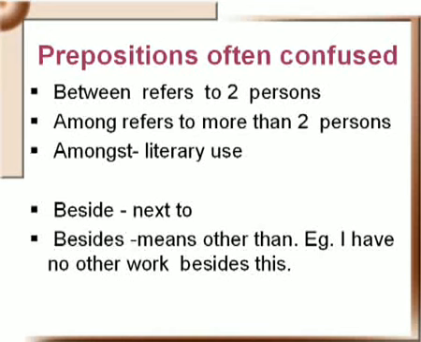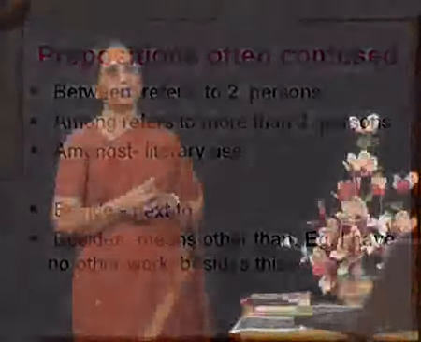Let us now look at prepositions that we generally get confused with. We normally make a mistake between the use of the prepositions between and among. Between refers to two people or two persons. We can say there was a dialogue going on between the two persons.